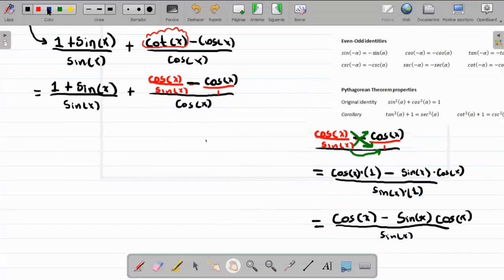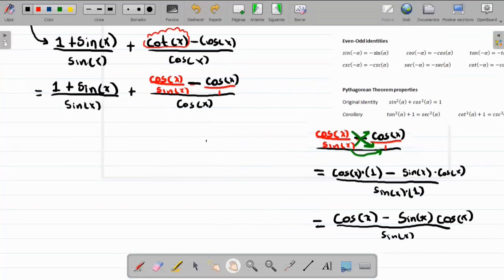But the first thing we want to do is this expression we have over here, change it for what we discover it is. So here we go. It is 1 plus sine of x, all that divided by sine of x plus, okay, no more that expression.